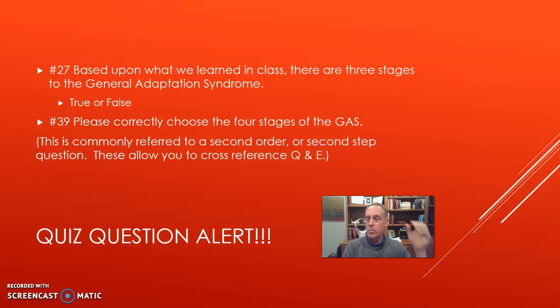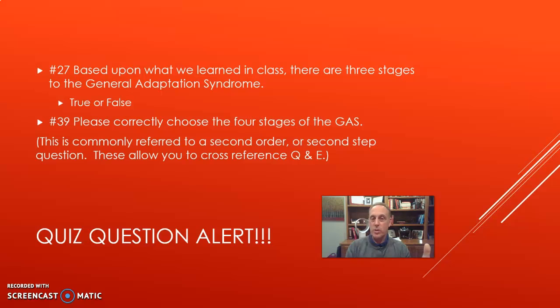When you look at test questions and quizzes, when I write my check for learning, you'll see, for example, in question number 27, based on what we learned in class, there are 3 stages in the general adaptation syndrome, true or false. Well, you would then have to say false because I like to include the homeostasis phase. I talked about that in this lecture a little bit earlier, so that's false.